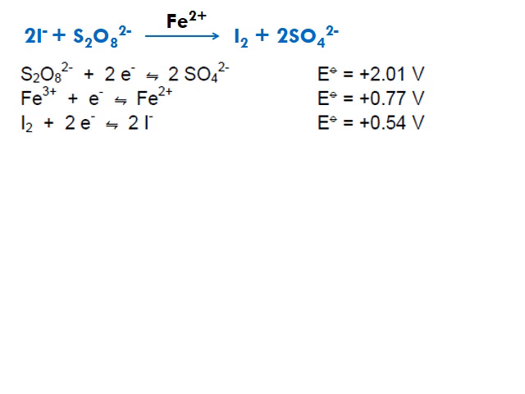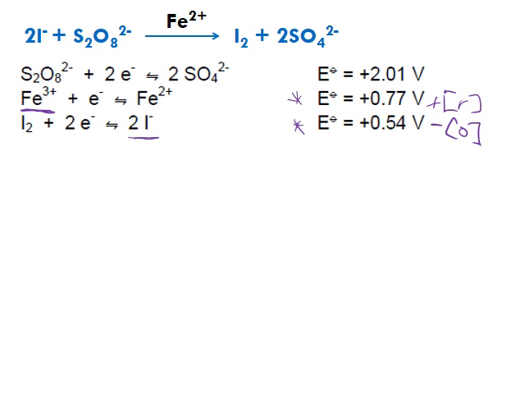Second question then. We've made Fe3+ now. How does the Fe3+, the intermediate, react with the I-, the second reactant? So now we're looking at these two standard electrode potentials. That is the more positive one, so that's our reduction. That's the more negative one, the less positive one, so that's oxidation.